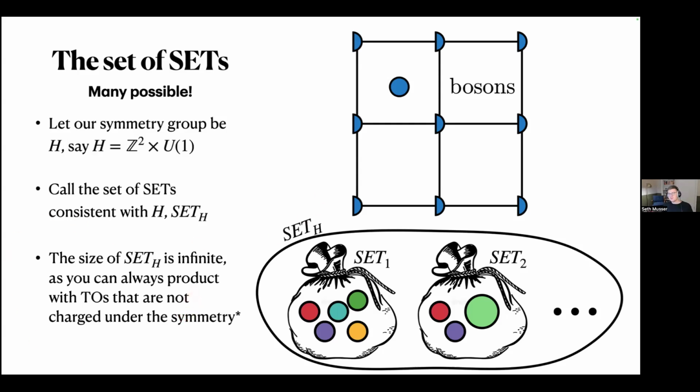Because what we can always do is take some SET here and take another SET which is uncharged under the symmetry and just product them together. So we can always grow our SETs and add some bigger SETs to this set of all possible ones.